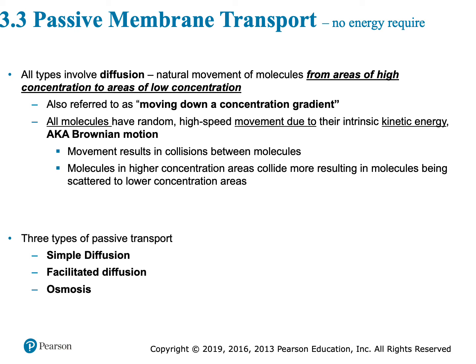Scoot on down. Just move down the concentration gradient from high concentration of people to low concentration of people. You're just going to scoot on down to make everything evenly spaced out. So that's essentially, in a nutshell, what diffusion is.